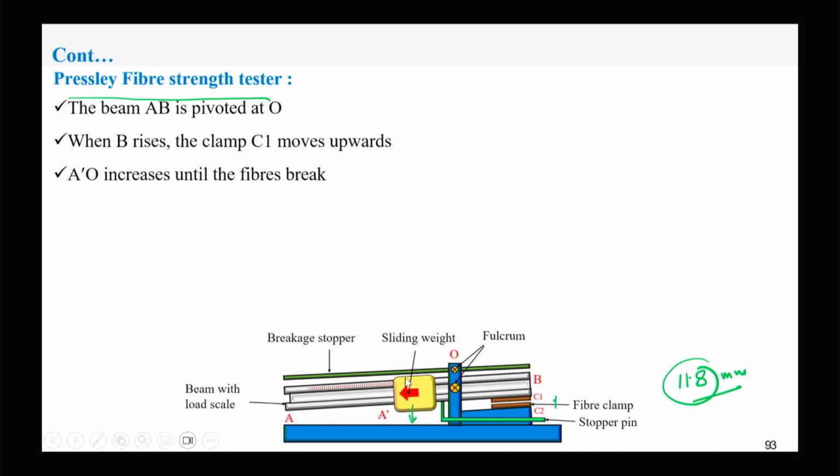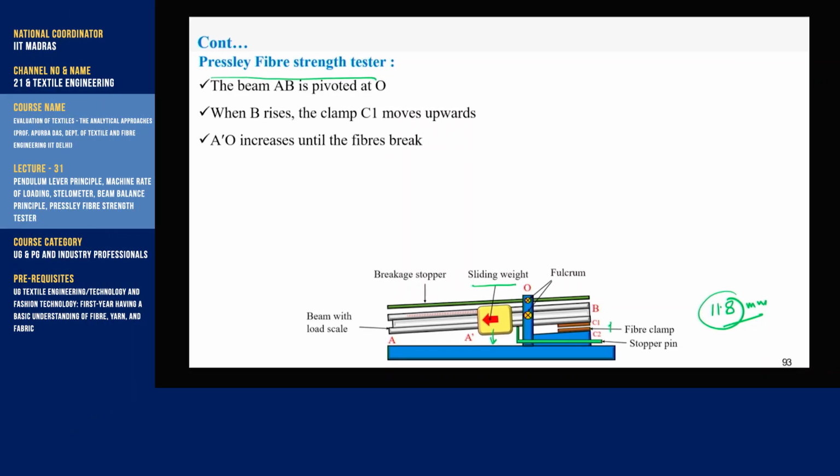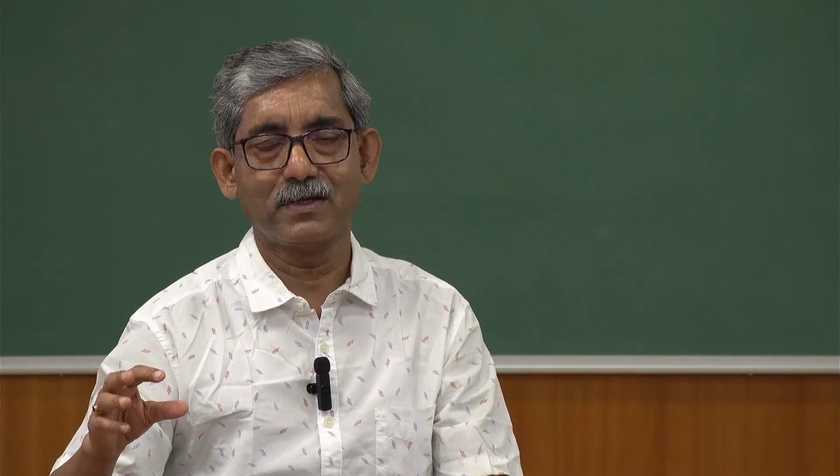A dash O is the distance of the loading sliding weight from the fulcrum point at any instant. As this sliding weight slides down, A dash O increases and goes on increasing until the breaking point is reached. The design of the instrument is such that as soon as the material breaks, the sliding weight will immediately stop.